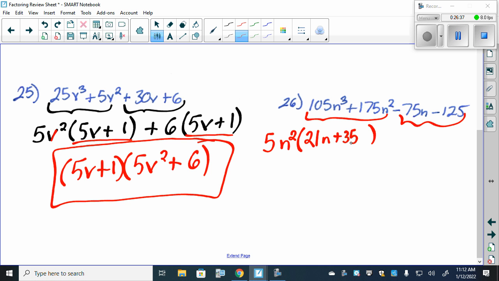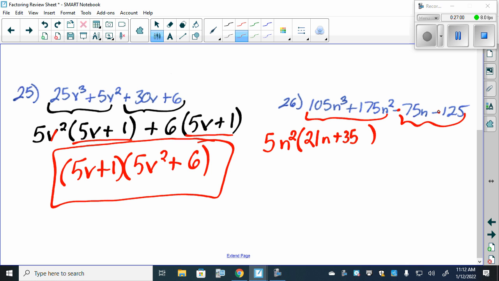Well, most likely it's going to be a little difficult getting 75 to 21, so we might have to factor something else out of it to get it to where we need it to be. But if I look at 75 and 125, there's two things that I notice. One is that they are both what? Negative.